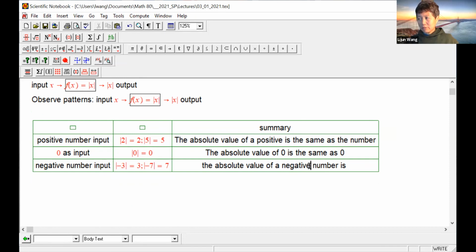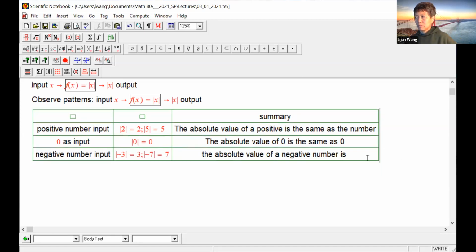If it's negative, the absolute value of -3 is 3. The absolute value of -7 is 7. The absolute value of a negative number is... Is 3 the opposite of -3?